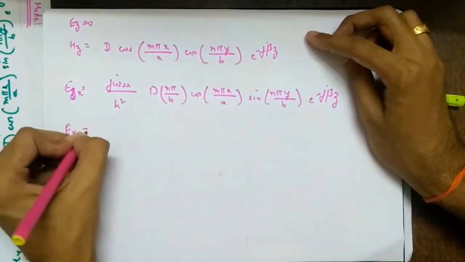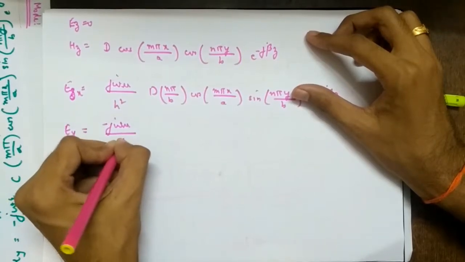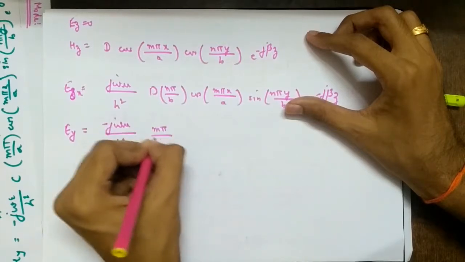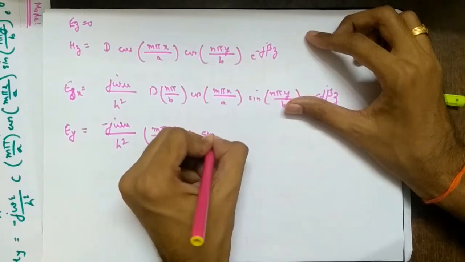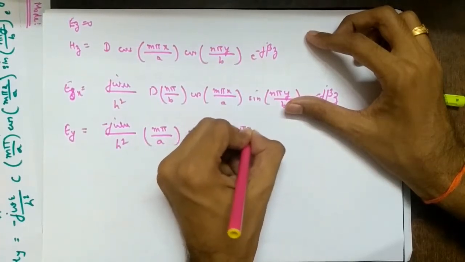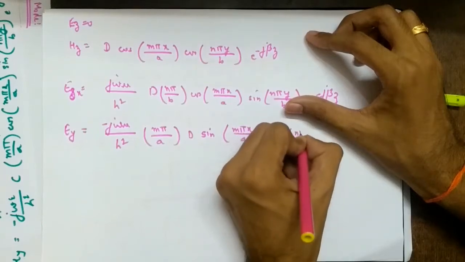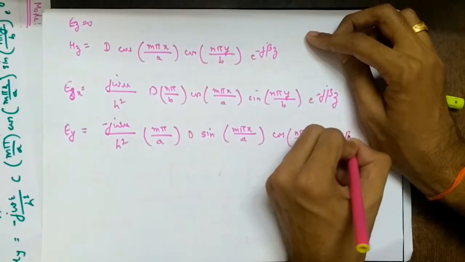Then we'll have Ey. It will be minus j omega mu by h square m pi by A into D sin of m pi x by A cos of n pi y by B again into e raised to minus j beta z.